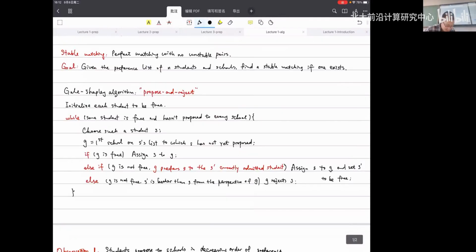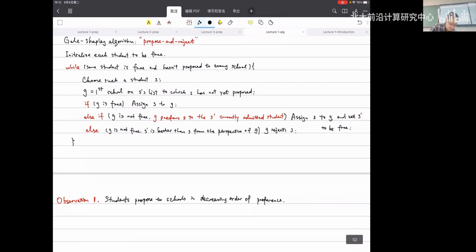This is very natural when we look at the algorithm. As long as a student is currently in this while loop, the student has a list, and the school proposed to is the first school on the student's list to which the student has not proposed yet. It is quite possible that the same student comes into the while loop again. This is an important point to keep in mind.